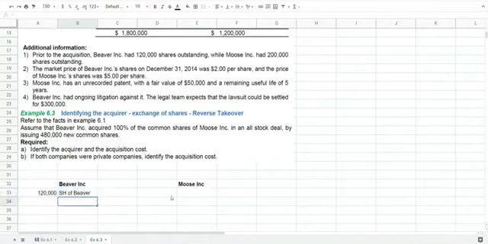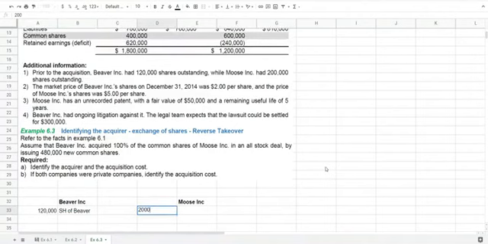And Moose Inc. has 200,000 shares owned by shareholders of Moose.